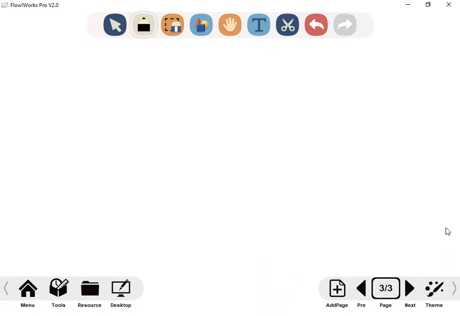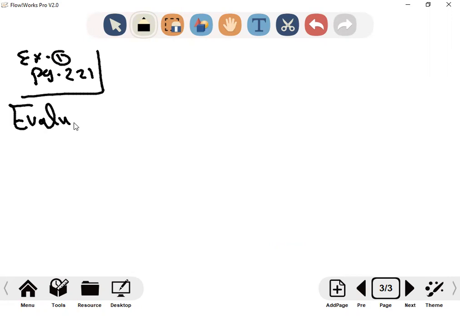Example 1. We are on page 221. In example 1, the question said, evaluate AB plus C minus DF.